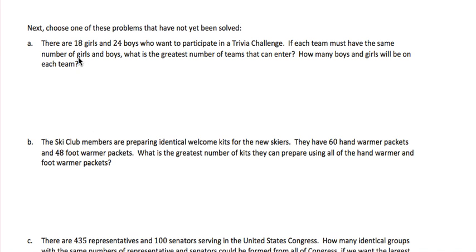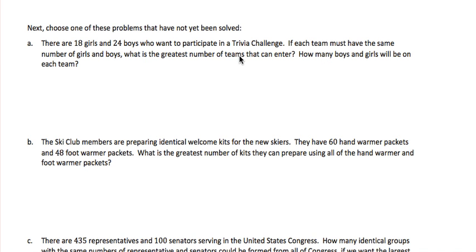For example, in question A, there are 18 girls and 24 boys who want to participate in a trivia challenge. If each team must have the same number of girls and boys, what is the greatest number of teams that can enter? And then a second question, how many boys and girls will be on each team?